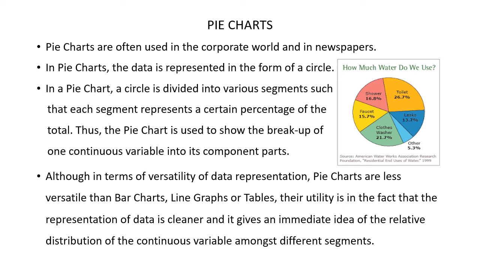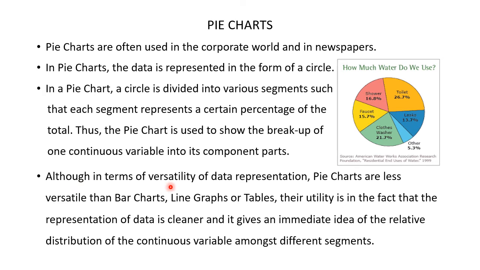Thus, this pie chart shows the breakup of the continuous variable into its component parts. Now, each segment represents a certain percentage of the total. That is, these percentages show how much of the total we are using for the different activities. When all these percentages are added, it should total up to 100%.